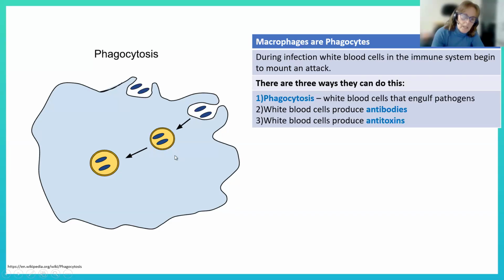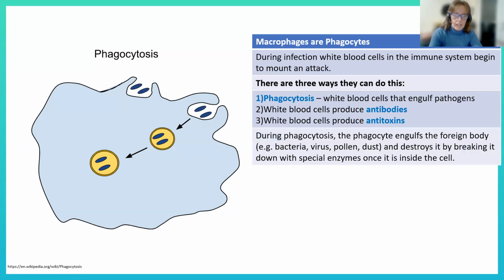What this macrophage is going to do is put these little arms almost around these bacteria. Then it's going to close off that and bring them inside the cell where they will get broken down and digested. So it loops around and hooks them in, brings them in and breaks them down. That process is called phagocytosis.